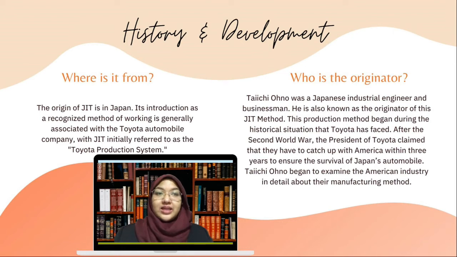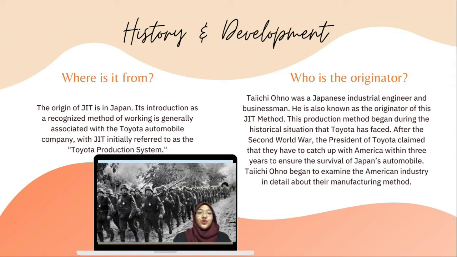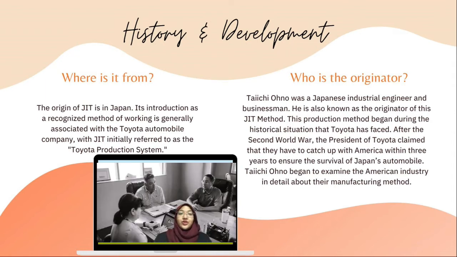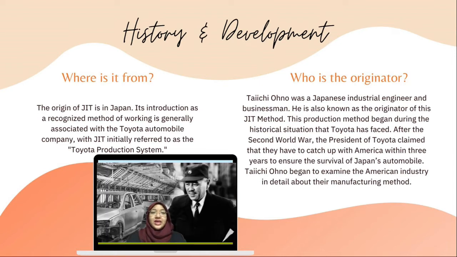This production method began during the historical situation that Toyota faced. After the Second World War, the president of Toyota claimed that they had to catch up with America within 3 years to ensure the survival of Japan's automobile industry. Taiichi Ohno began to examine the American industry in detail about their manufacturing method.